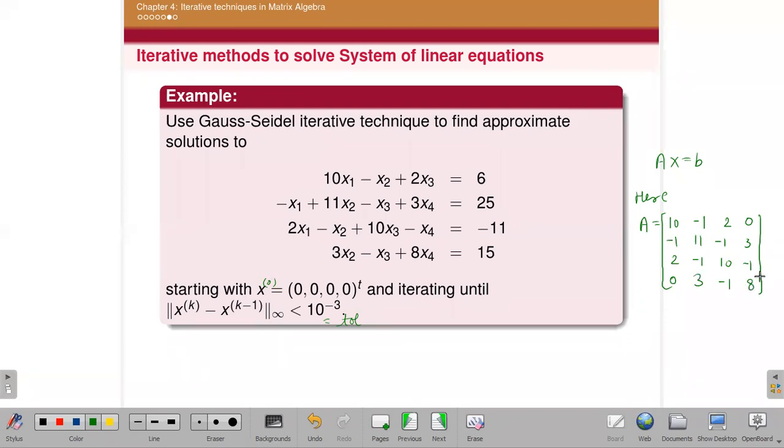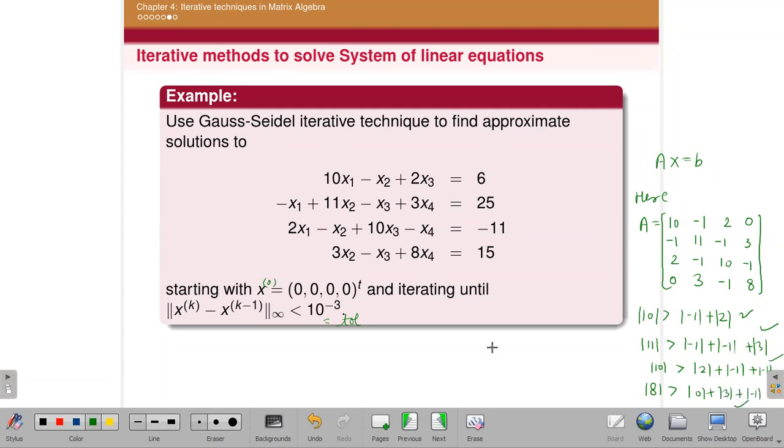So now check it. Is it strictly diagonally dominant? Here 10 is greater than the absolute values of minus 1 plus 2. This is true. The second element, 11, is greater than minus 1 plus minus 1 plus 3. This is also true. The next element, 10, is greater than 2 plus minus 1 plus minus 1. This is also true. The next element, 8, is greater than 0 plus 3 plus minus 1.